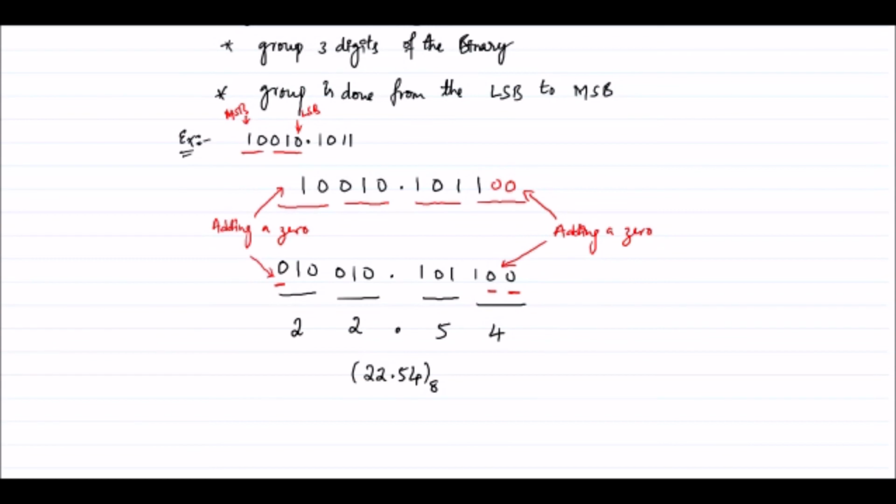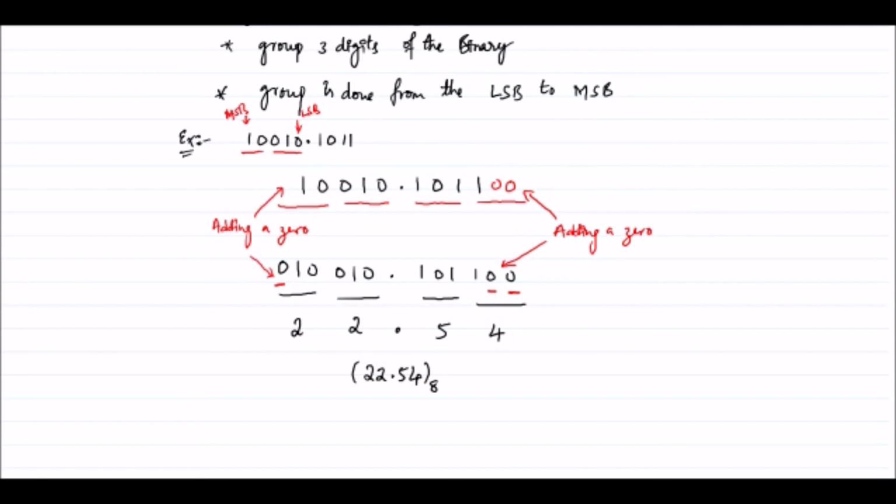As you can see, in the same example I have grouped these 3 bits. Okay, I have grouped these 3 bits, and in this I have only 2 bits, so I have represented the same with 0 here. So 010 is one group, and 010 is another group, and in this one we have only 1 bit. So what we need to do, we will be placing 00 here.